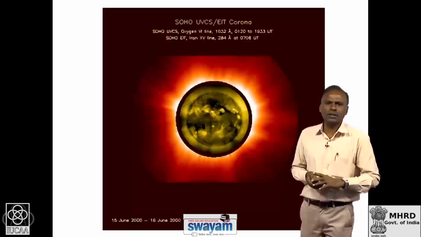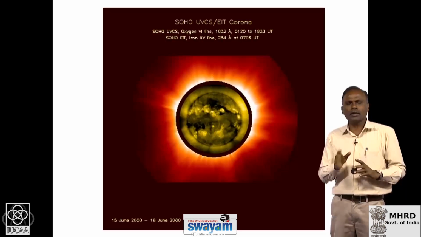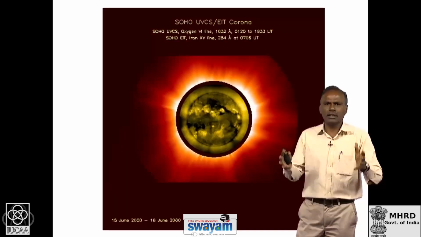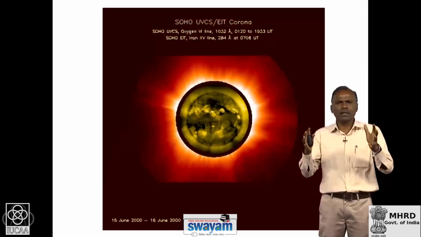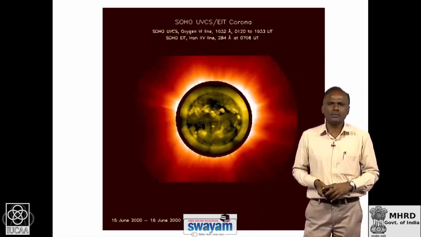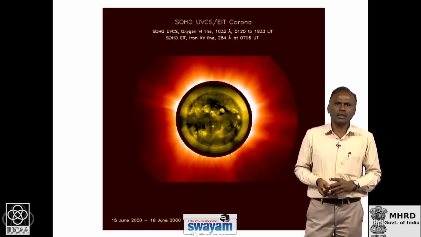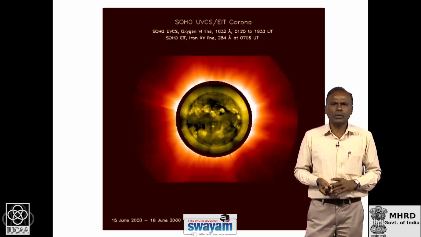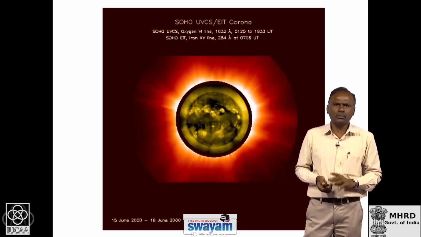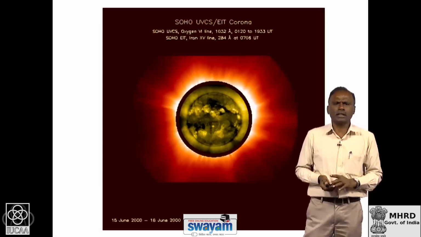This picture shows the corona during solar maximum. You can see that during solar maximum, the corona is somewhat symmetric with respect to the south and north pole, and the central picture is an extreme ultraviolet image embedded with the EIT corona.